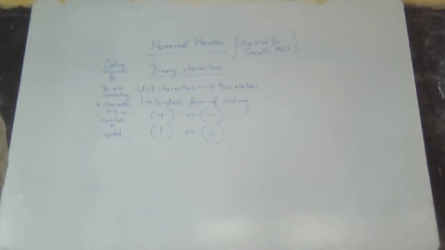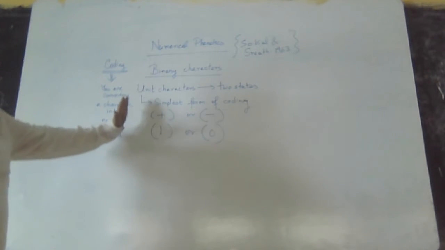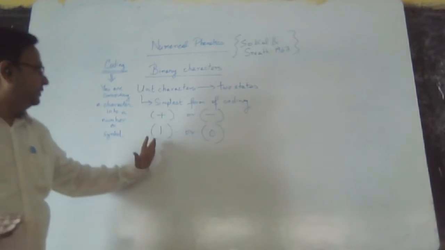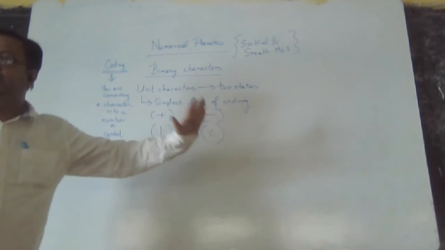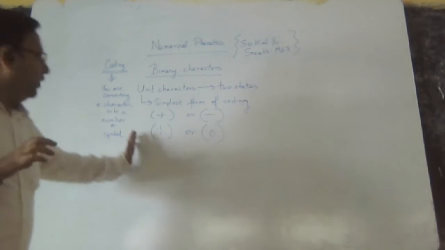Okay, so these are actually the two states, simplest form of coding, plus or minus. Presence, absence, only 2 states. Here there are 5 states. This is not a binary character. My fingers are not binary characters, right? So this is the simplest, 1 or 0.